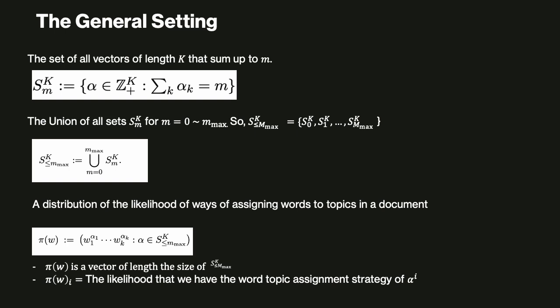Next, the pi vector can be constructed from the product of all the entries of the topic vector W raised to the power of alpha, which is the number of words that topic has been assigned. So here you'll see that the pi vector is of length the size of this union set, and every entry shows the likelihood of that specific word-topic assignment strategy alpha_i.